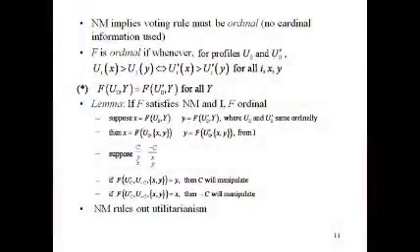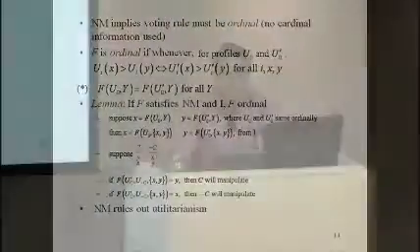Okay, so I discussed the idea of ordinality versus cardinality earlier in the interchange with Susan, and the big problem that cardinal voting rules run into is that they're always going to be manipulable.